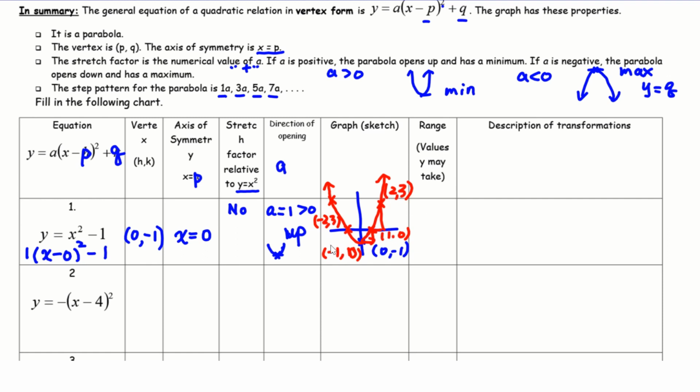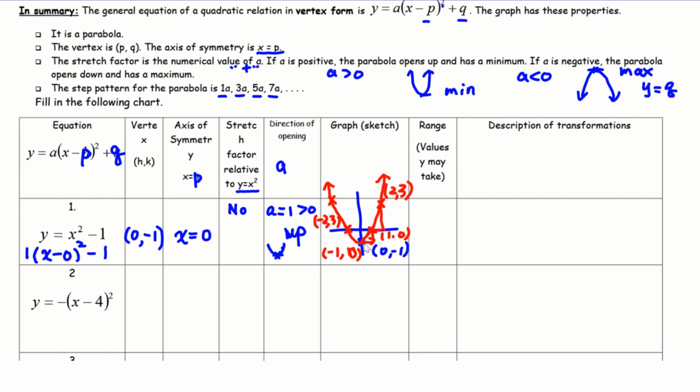For the domain, there are no restrictions for x. The minimum for x is negative infinity, the maximum is positive infinity, so it is all real numbers. But for the range, it is different for each question.